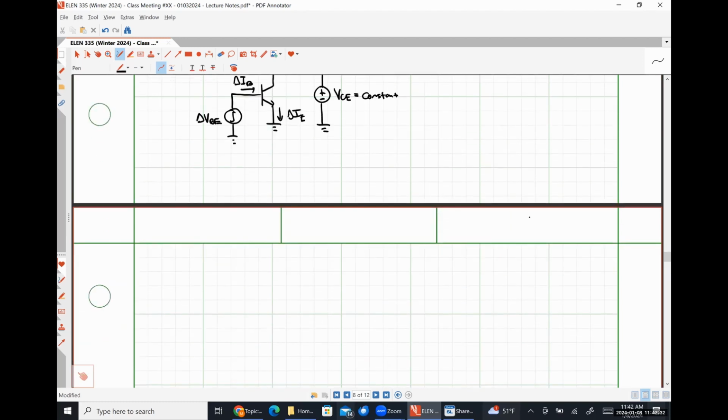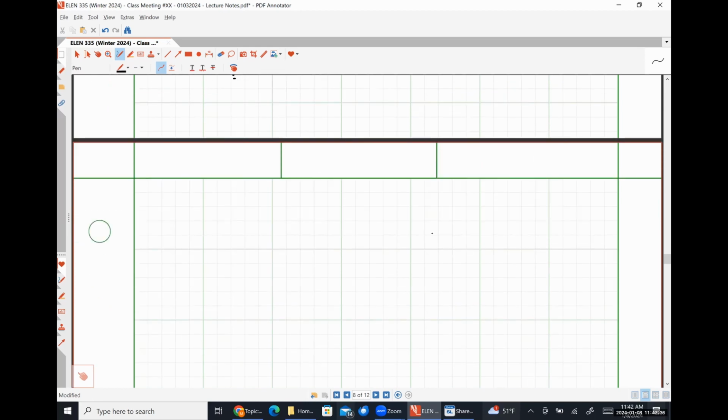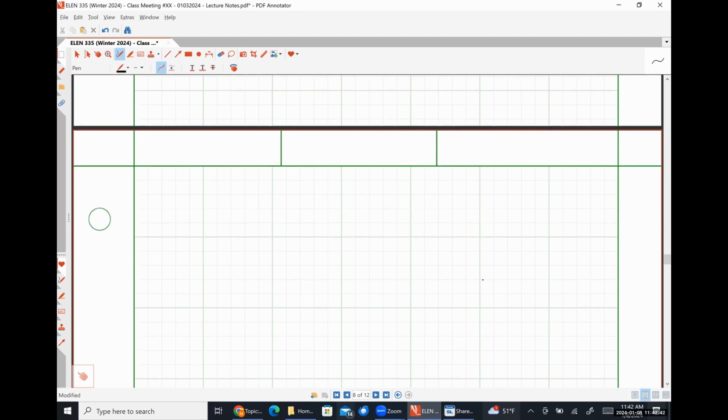So we're actually going to look at the model for this really quickly, the equivalent circuit model, so that we can see what's going on here. So here is my base terminal. Emitter terminal.